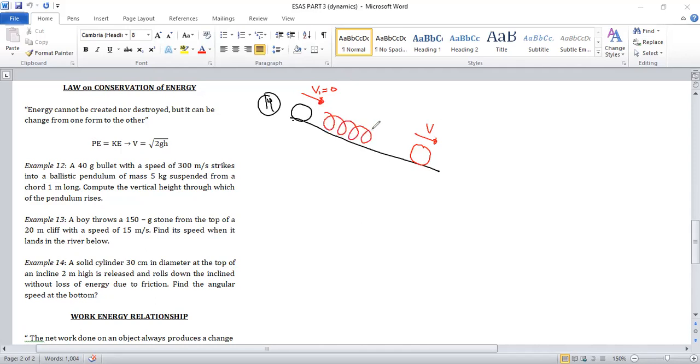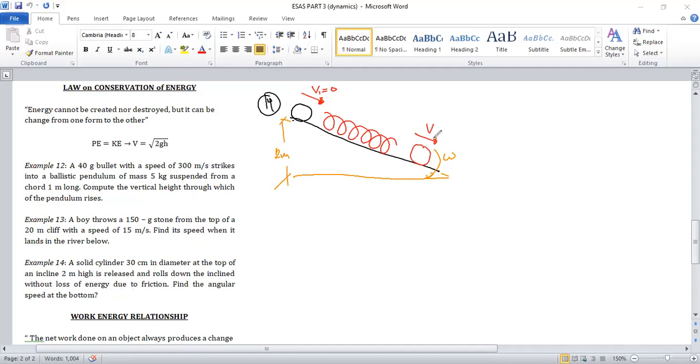So number 14, we are asked to find, initially the height is 2 meters. So we are asked for the angular velocity, omega, at the bottom.